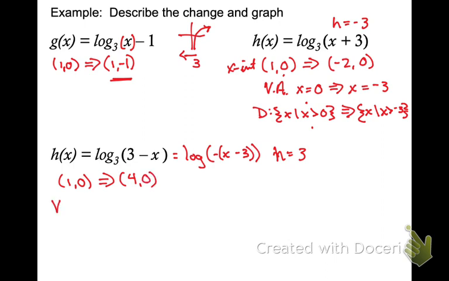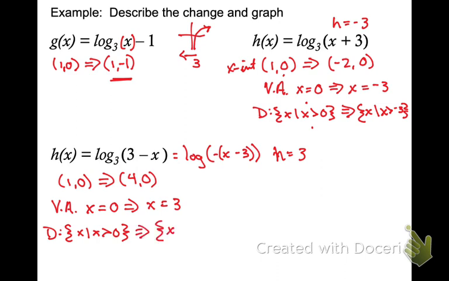And my vertical asymptote was x equals 0, now x equals 3. And my domain was x is greater than 0, right? And now it is x is greater than 3.